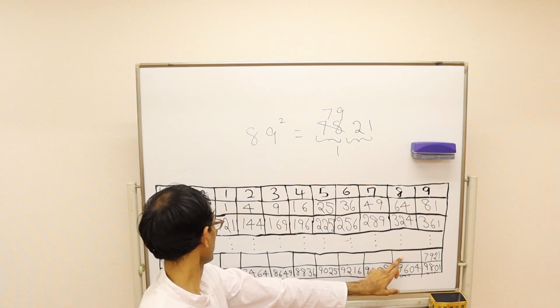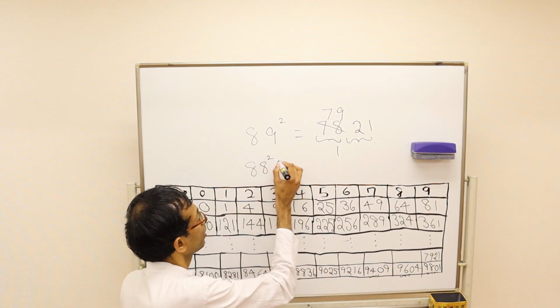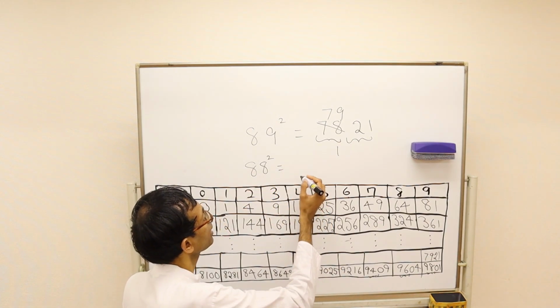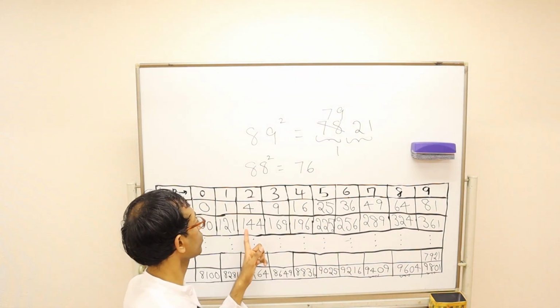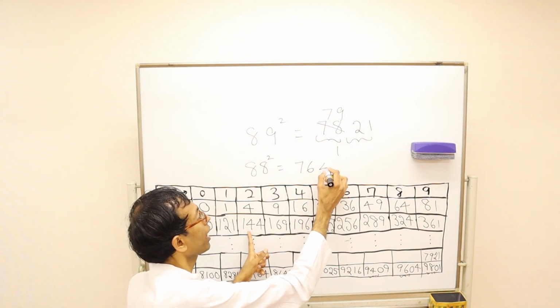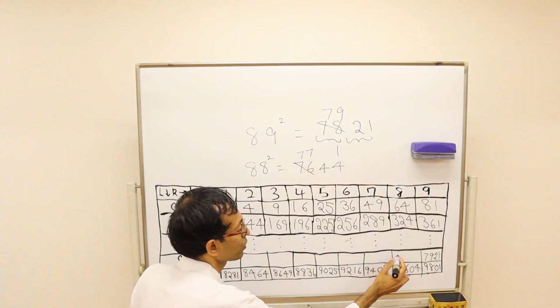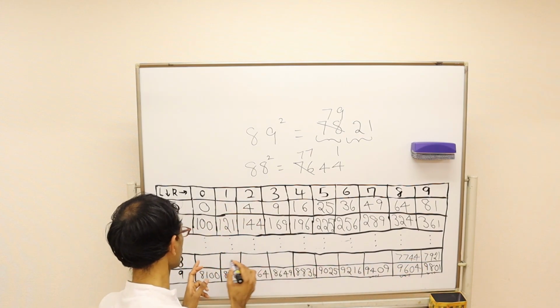Similarly here, this is 88 squared. So 88 minus 12 is 76. And then 12 squared is 144. It's going to be 7744. And now you can fill up to here.